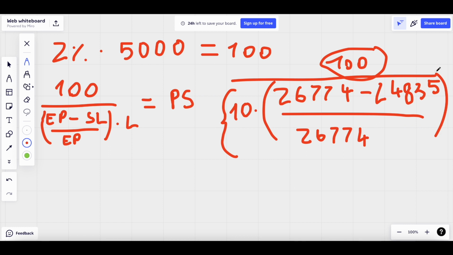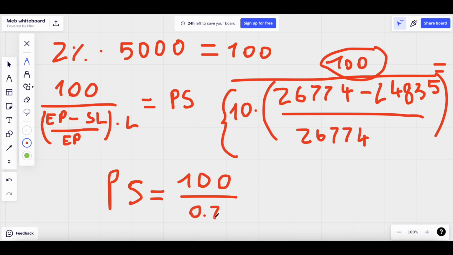And so this way, our position size, so the amount of money that we will use for this trade in order to lose maximum 2% of our trading account, or 100 US dollars, would be equal to 100 US dollars divided by 0.72, which is the result of this equation.